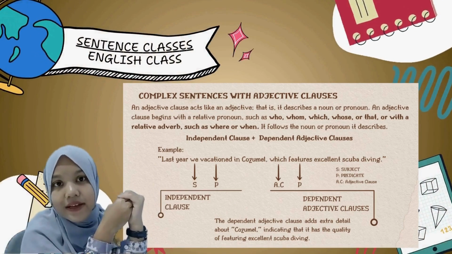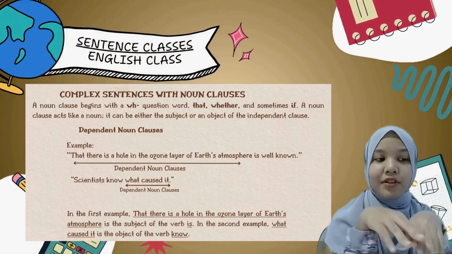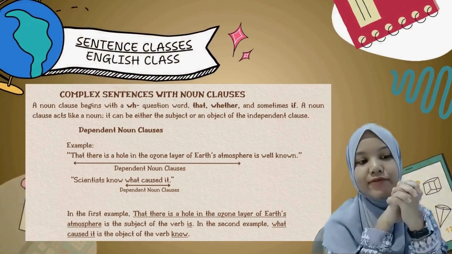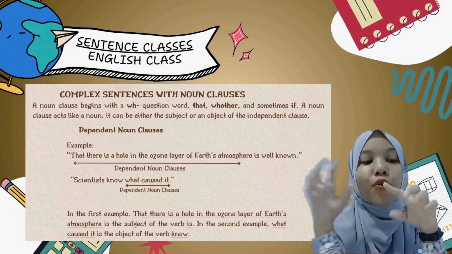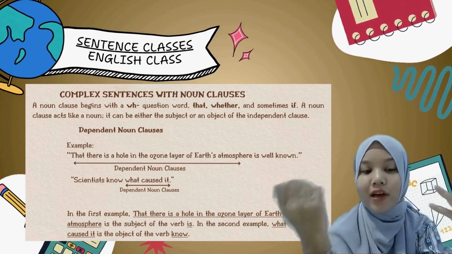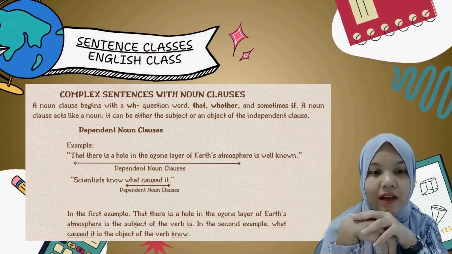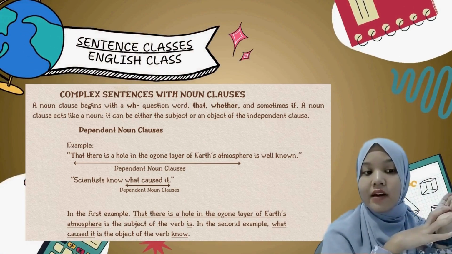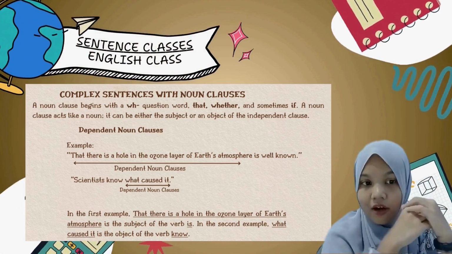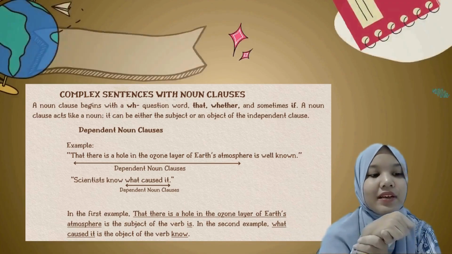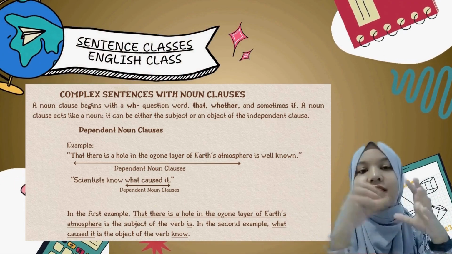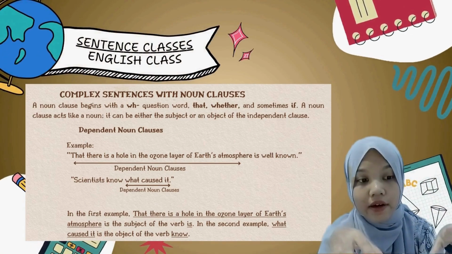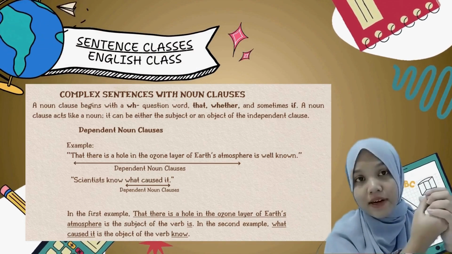I will tell about complex sentences with noun clauses. A noun clause begins with a WH question word, that, whether, and sometimes if. A noun clause acts like a noun. It can be either the subject or an object of the independent clause. A dependent noun clause, for example, is: that there is a hole in the ozone layer of Earth's atmosphere is well known.